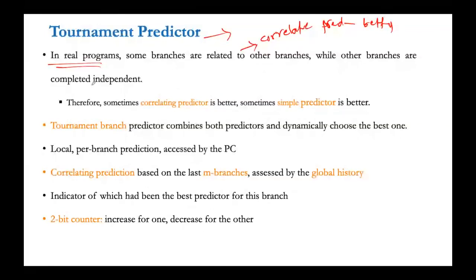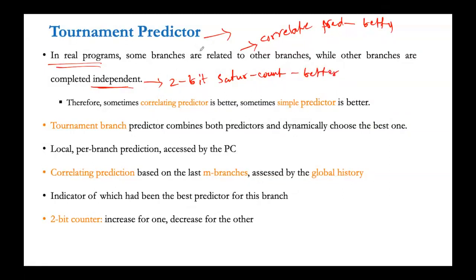And some branches are independent, like your for loops and those things. For these kinds of branches, a 2-bit saturating counter prediction is good enough and better.